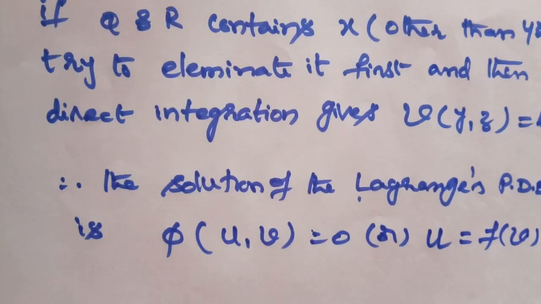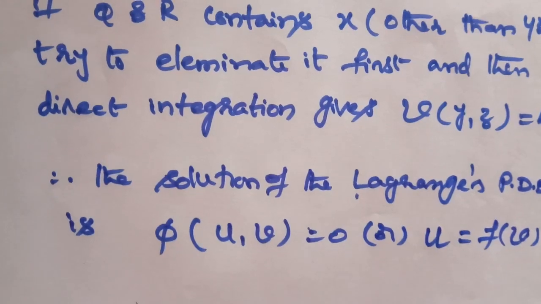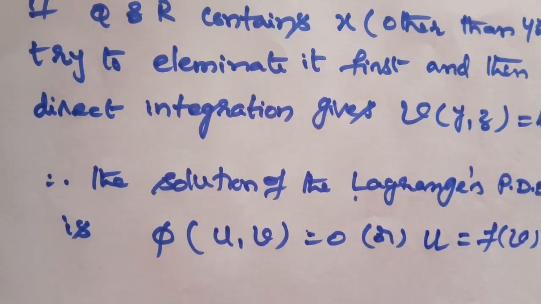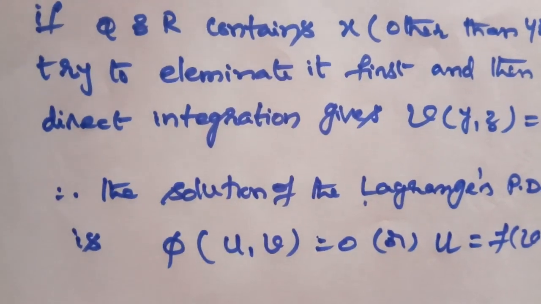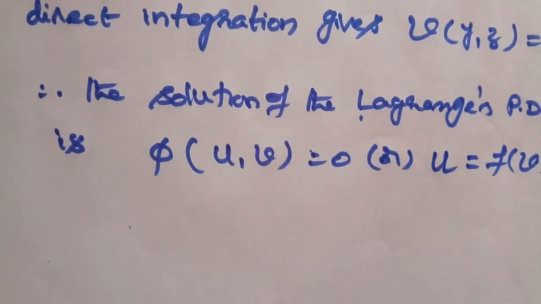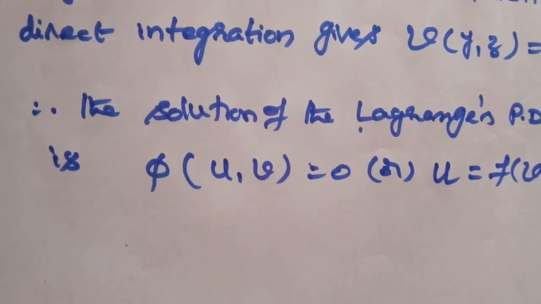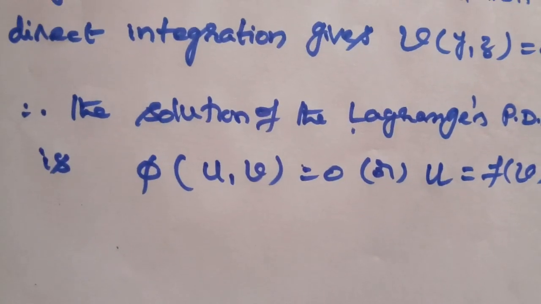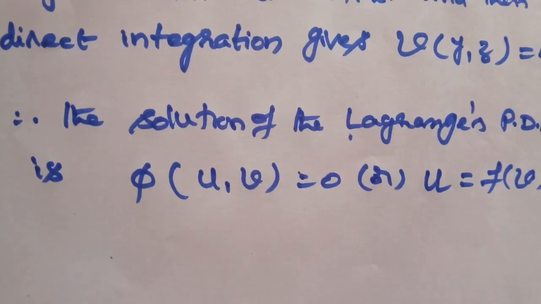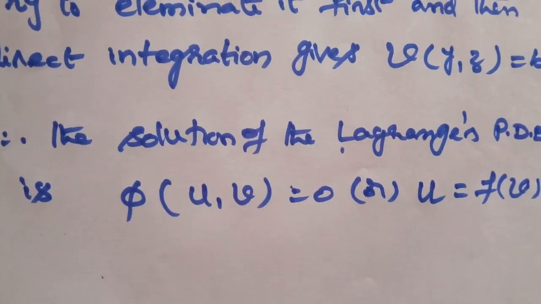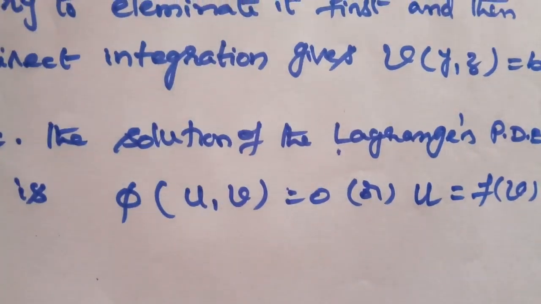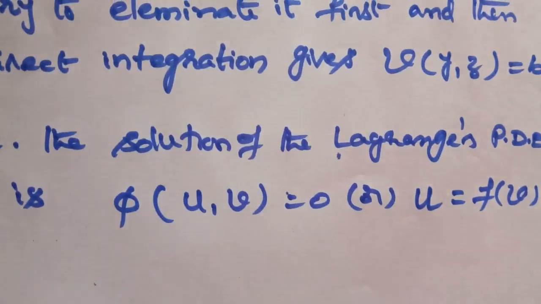This is the method of solving subsidiary equations by using method of grouping. Now problems on method of grouping to find the solution of the Lagrange's linear partial differential equation.